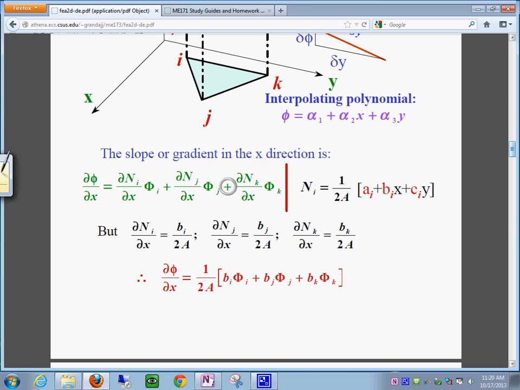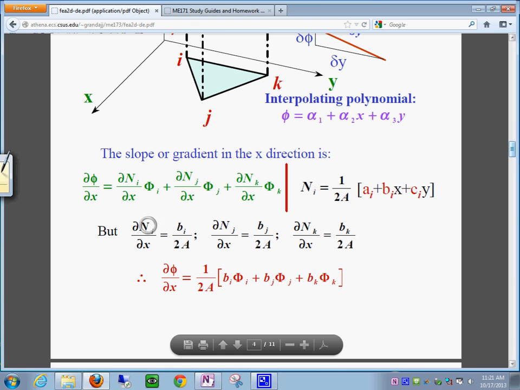We can also say that the slope is the gradient in the x direction, but also the gradient in the y. So you have d phi dx is dN sub i dx times phi sub i, plus dN sub j dx phi sub j, plus dN sub k dx phi sub k.